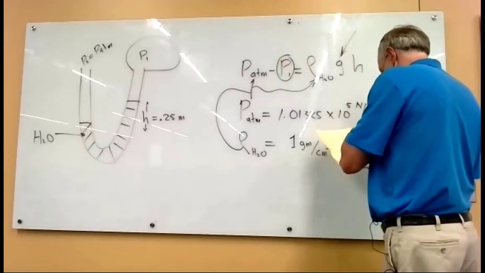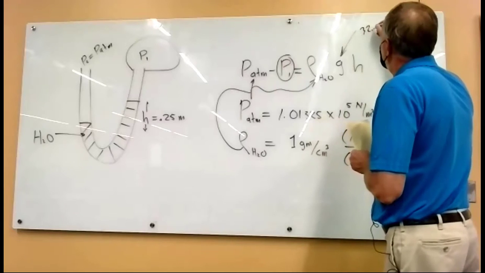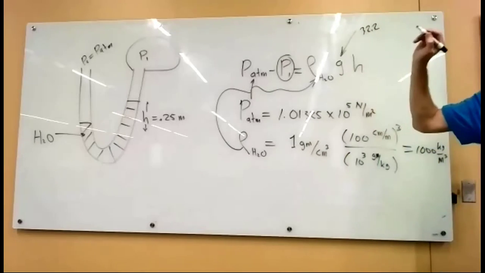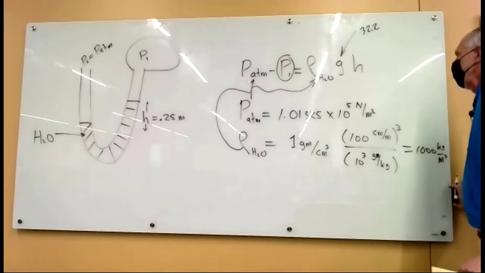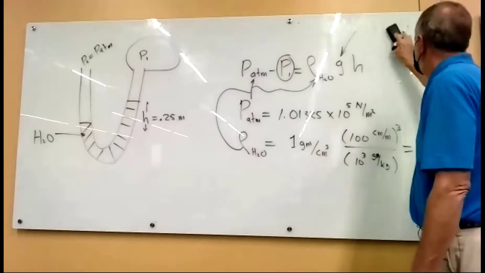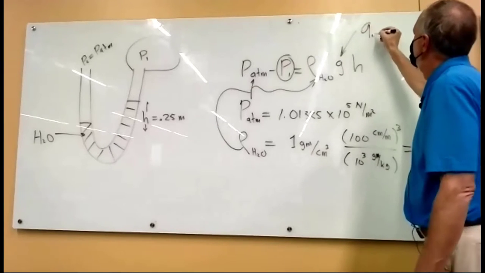Gravity is 32.2, right? What's wrong with that? That's English. So again, if we're watching TV trying to do our homework, we need 9.81.